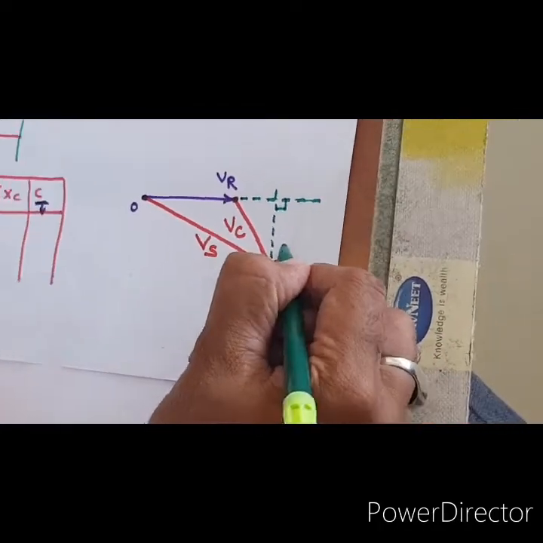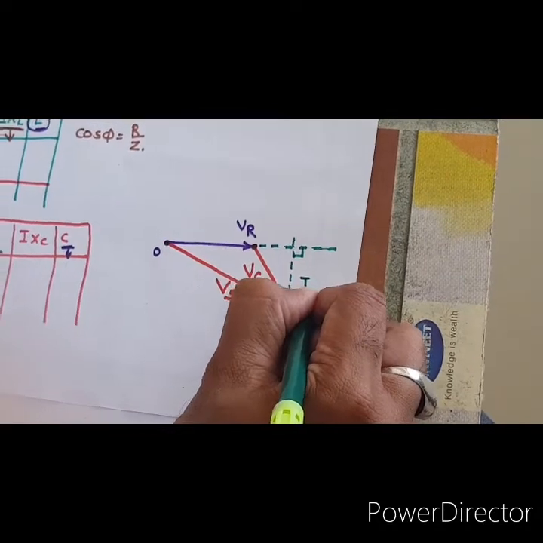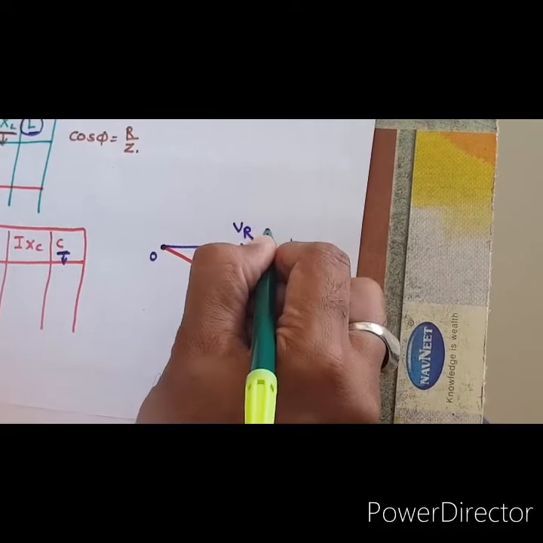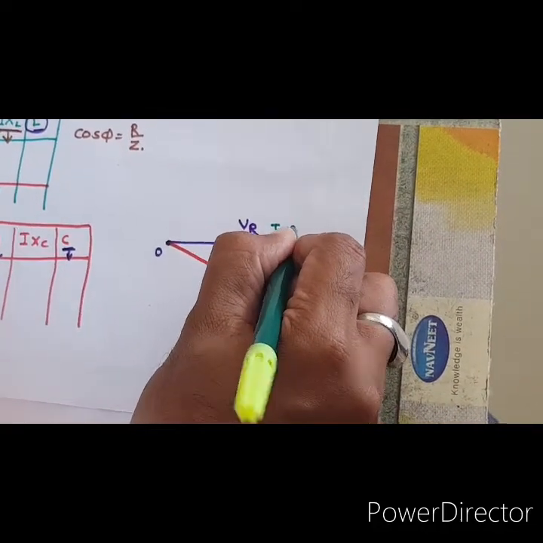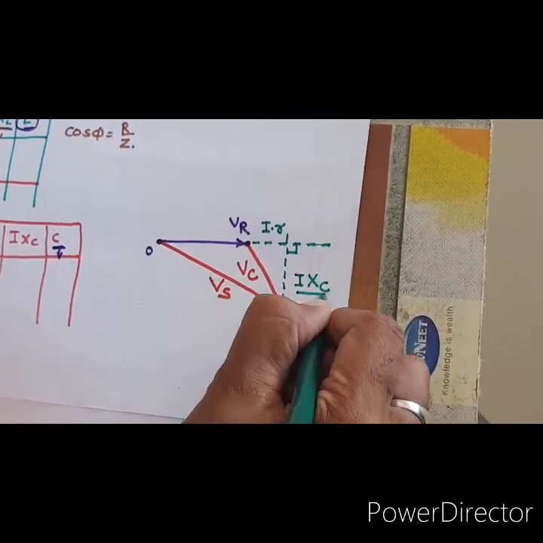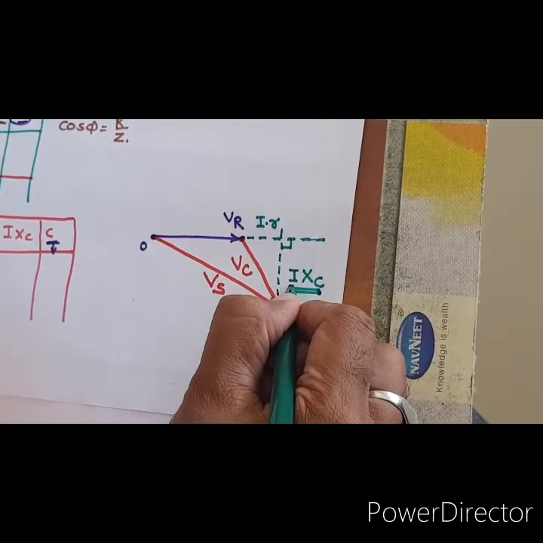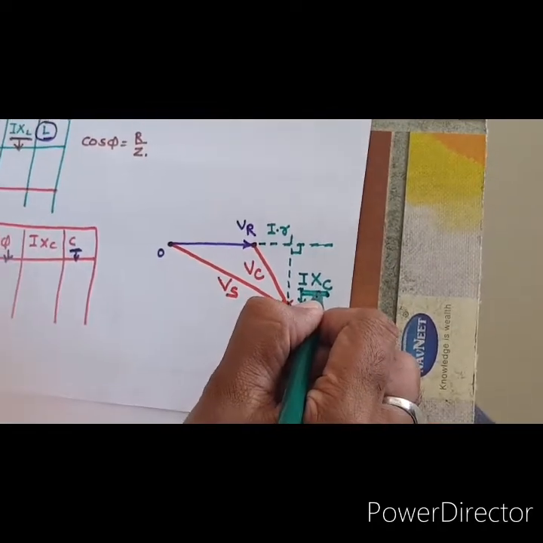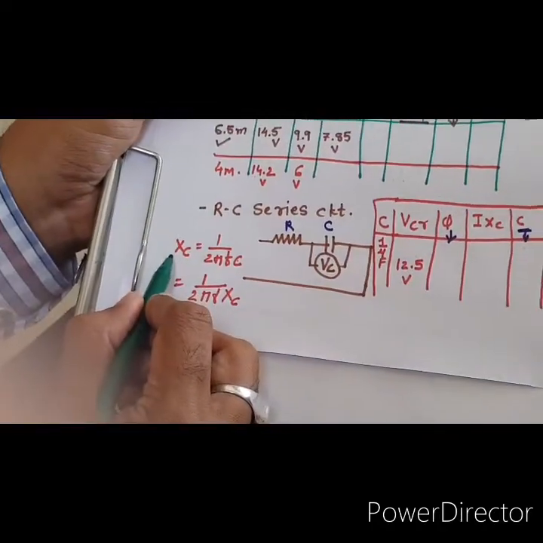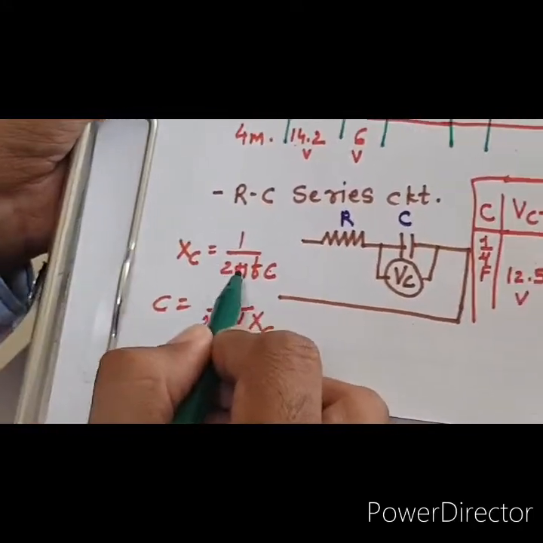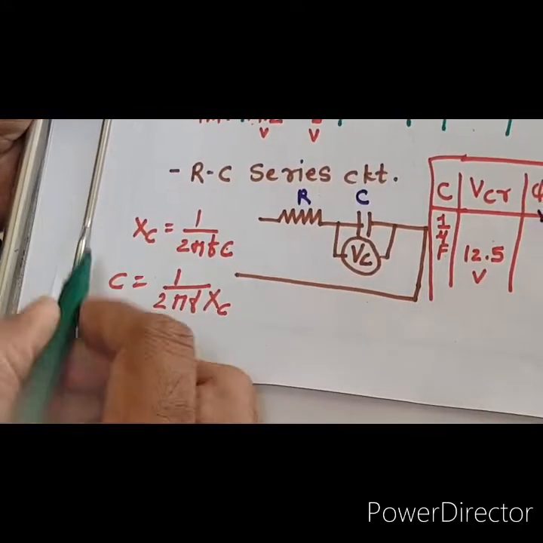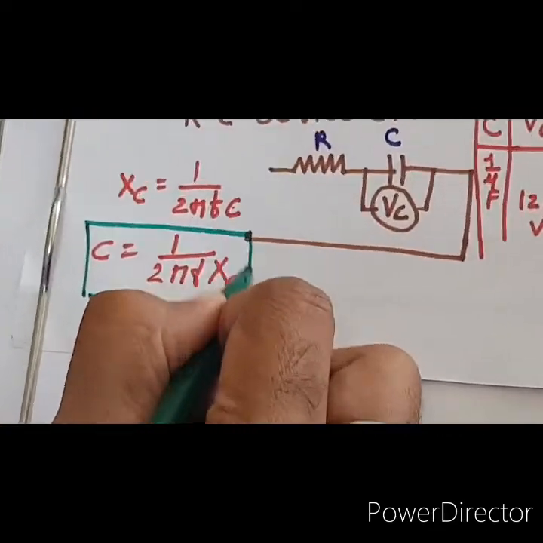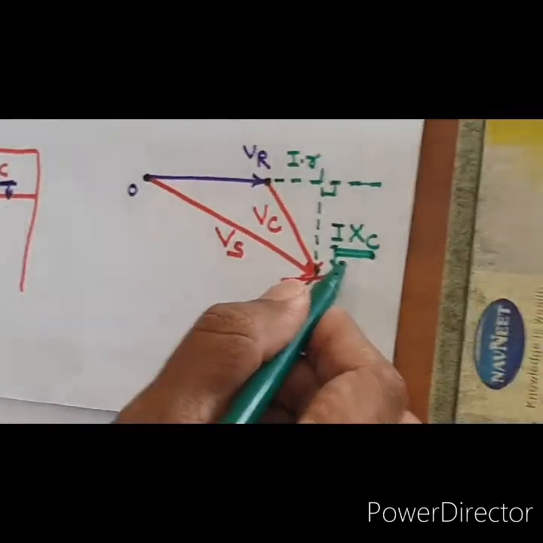This perpendicular line gives us I into XC, and the horizontal line gives again I into R. I is available with us, so we can find XC, and XC is equal to 1 upon 2 pi FC. So the value of the capacitor is available from this equation, from this graphical method.